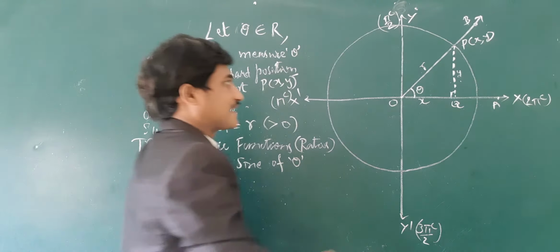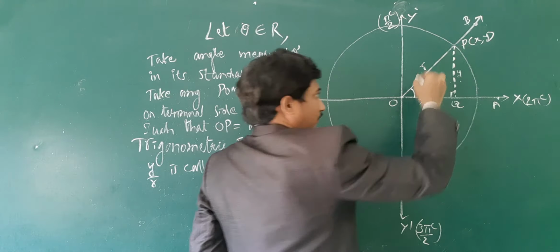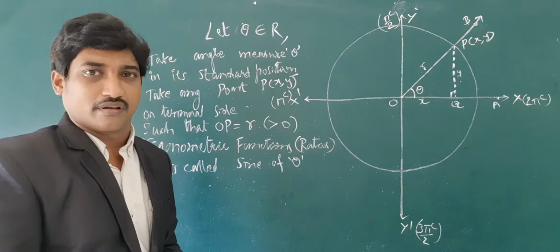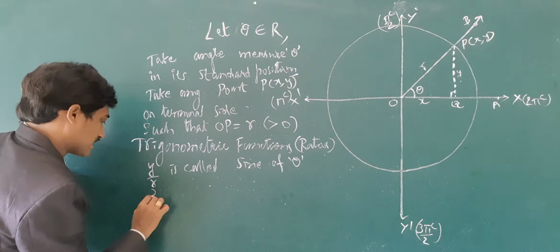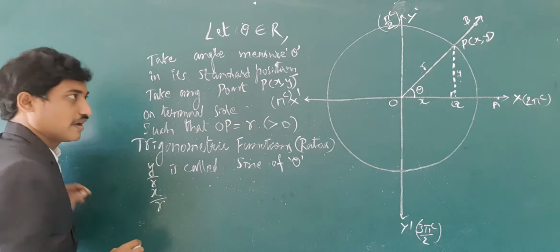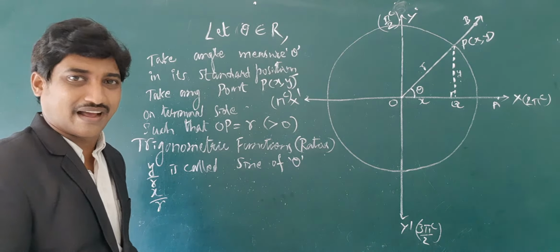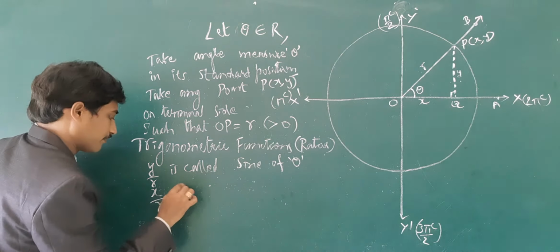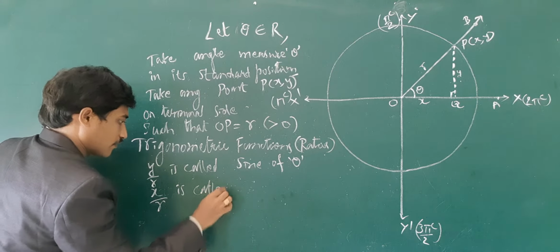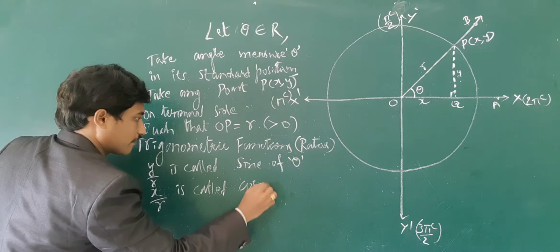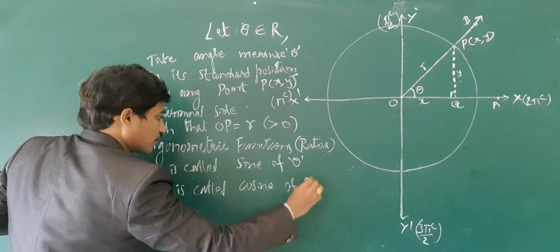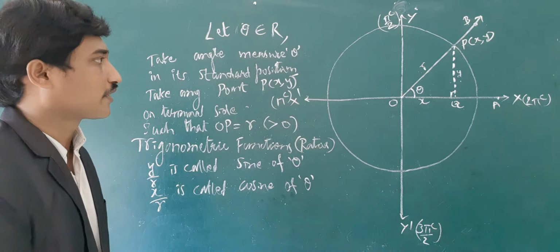Next, x coordinate by r, the ratio of the x coordinate and r, is called cosine theta, the cosine of the angle theta.